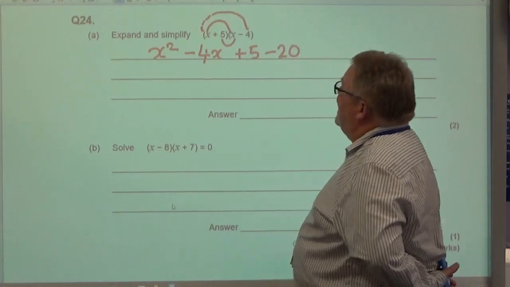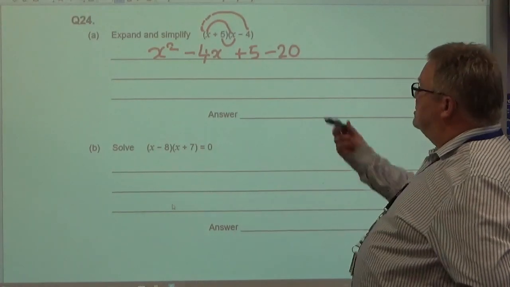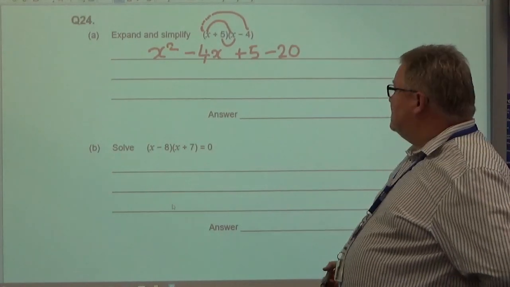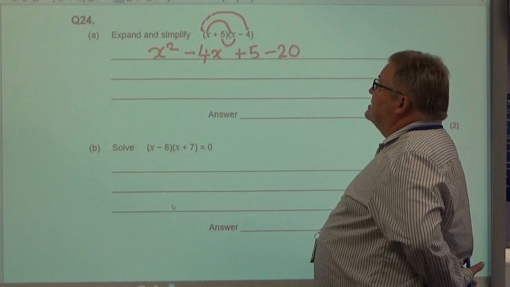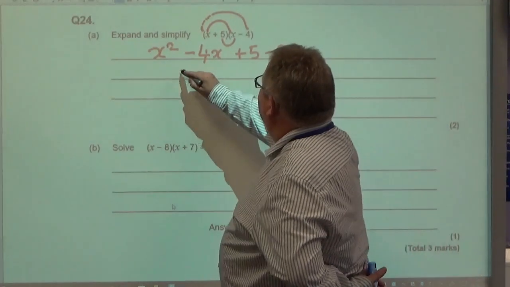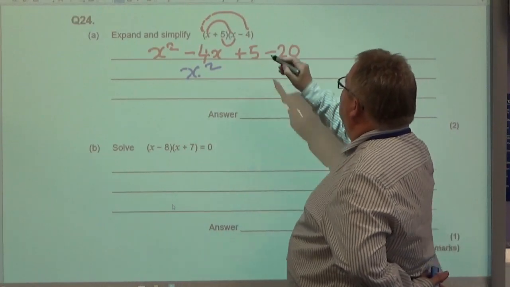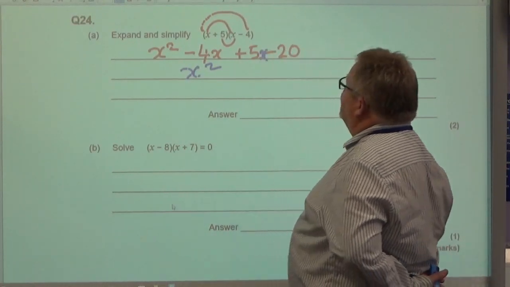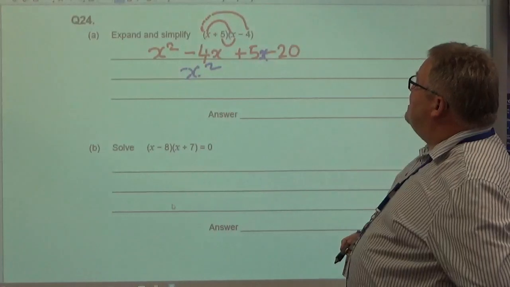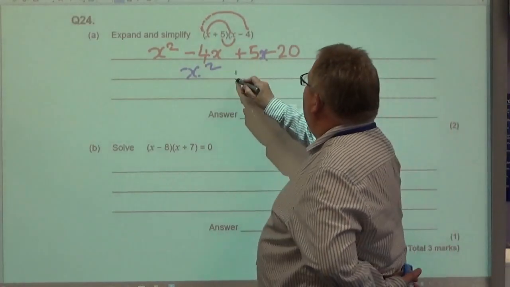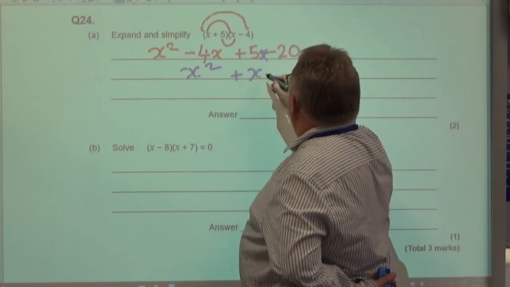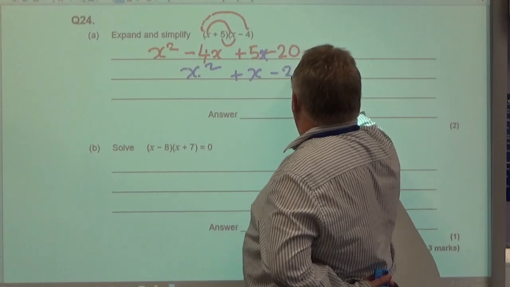So 2 marks, you'll get a mark if you've got that. Now we need to simplify it, so collect the like terms: x squared there, negative 4x, forgot the x there, negative 4x plus 5x is going to give us x, and then negative 20 there.